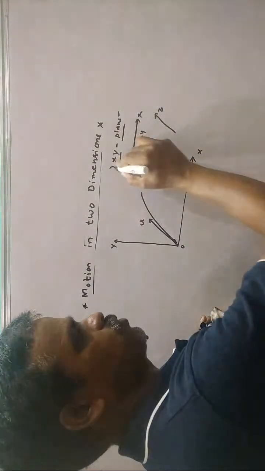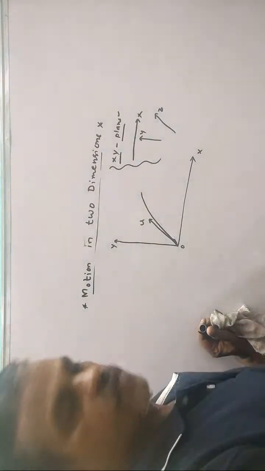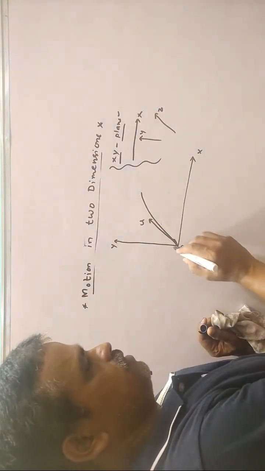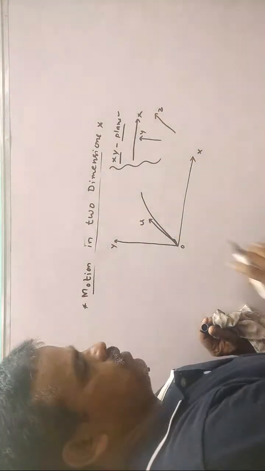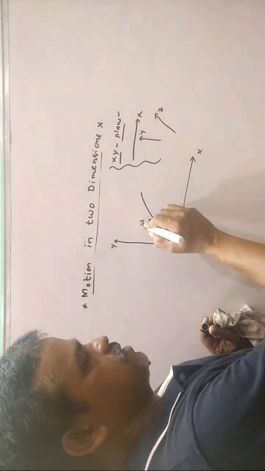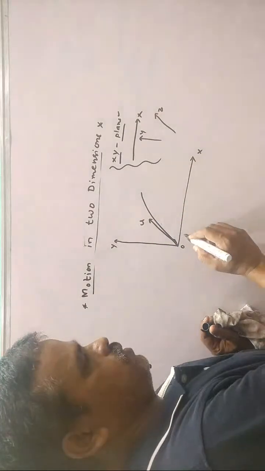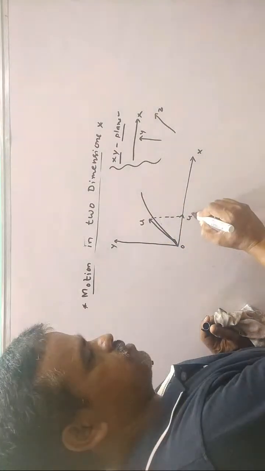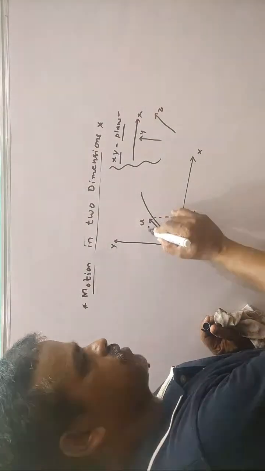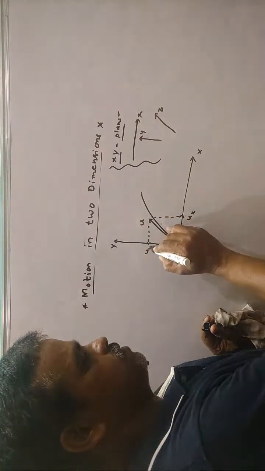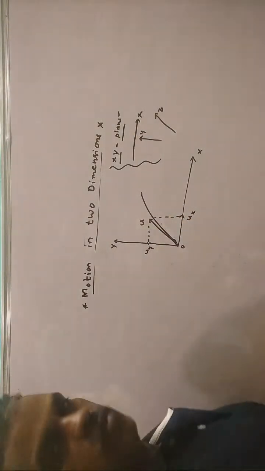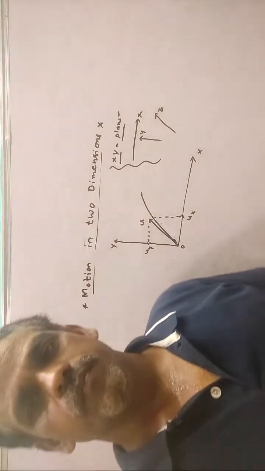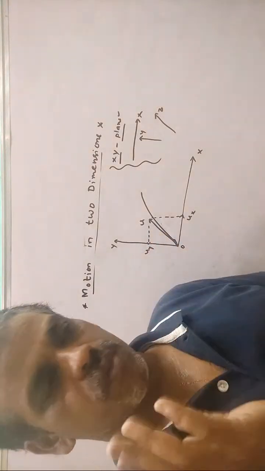It is linear motion, it is different. So for motion in the xy plane, the initial velocity has a component along x axis, that is ux, and a component along y axis, that is uy. That is the difference between one dimension motion and two dimension motion.